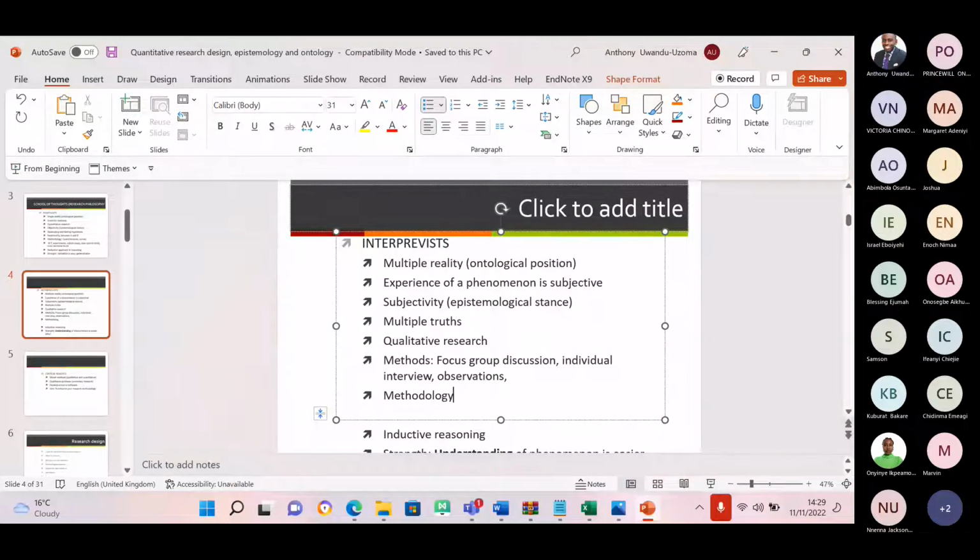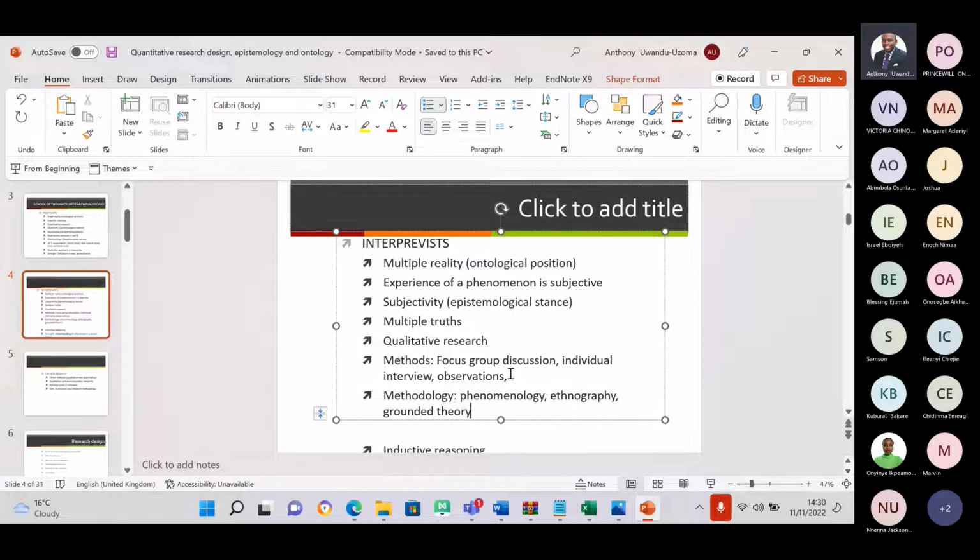Methodology means the type of protocol you want to use for your research. For example, for interpretivists, there are various methodologies you can use. You have phenomenology, ethnography, grounded theory.